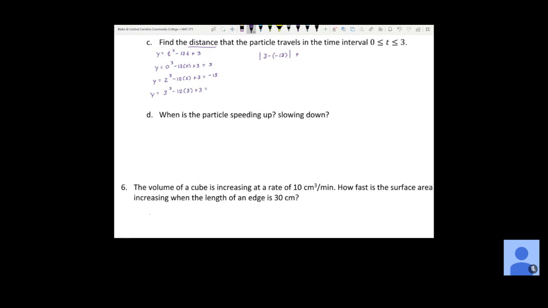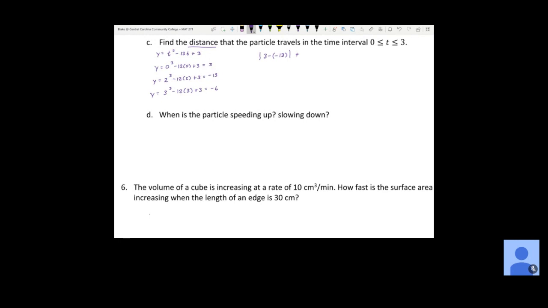And what should that give us? Good, that's going to be negative 6. And so now I need to know the distance between 2 seconds and 3 seconds.